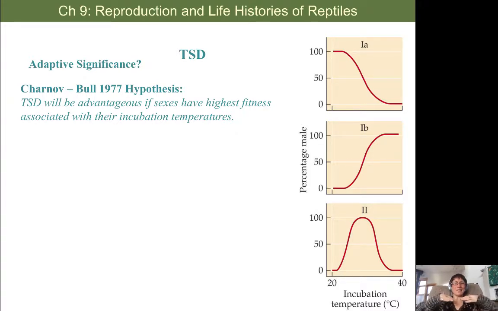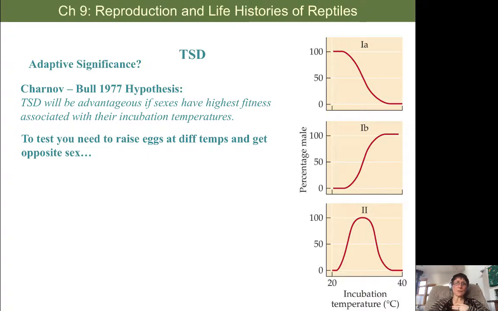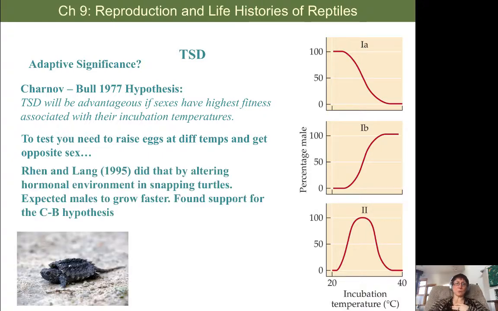But of course, if you can't produce both sexes at the different temperatures, then you can't actually test the hypothesis. But as you will probably already predict, there's an easy way to do that, and that's by introducing hormones into their environment to try to alter the sex at the different temperatures. So you need to raise the eggs at different temperatures in order to get the opposite sex.